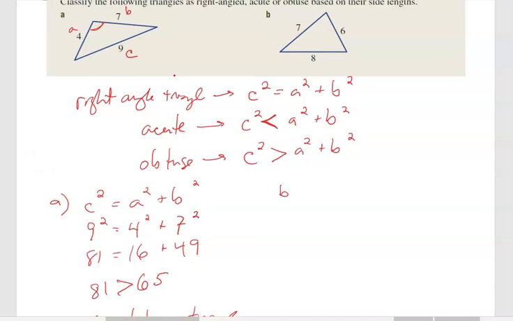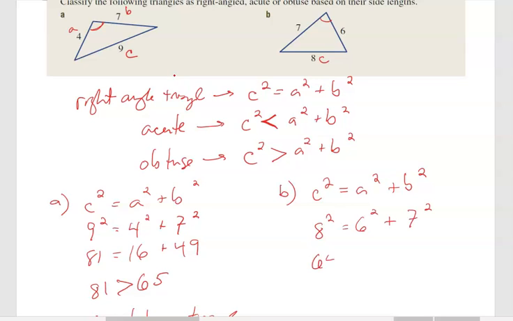And now this one, similarly, we're going to see if c squared maybe equals. Here's our longest side, so that's got to be c. So it's this angle we're looking at. Doesn't look like it's a right angle. Does it look acute? If it is, then we're going to find that c squared is less than, so 8 squared will be less than, I'll choose 6, one of the shorter sides squared plus the other shorter side squared.